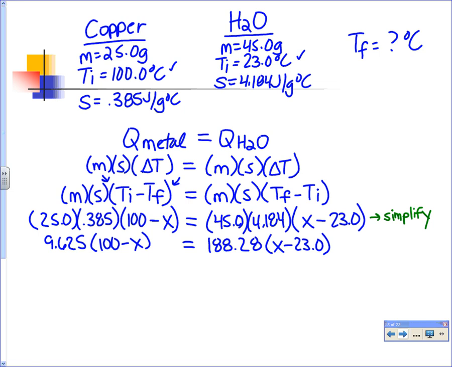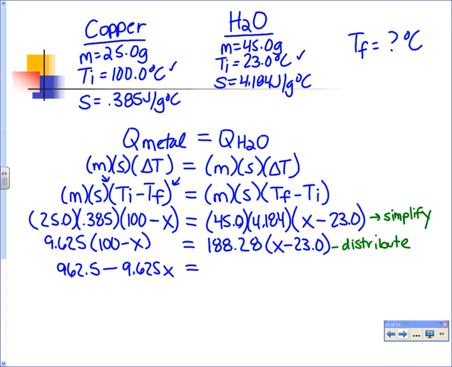Next, mathematically, what I want to do is distribute. So jot down what I'm doing at this step so you can keep track. We're going to take 9.625 and multiply it by 100, and we get 962.5. And then we'll multiply it by X, and we'll get 9.625X.